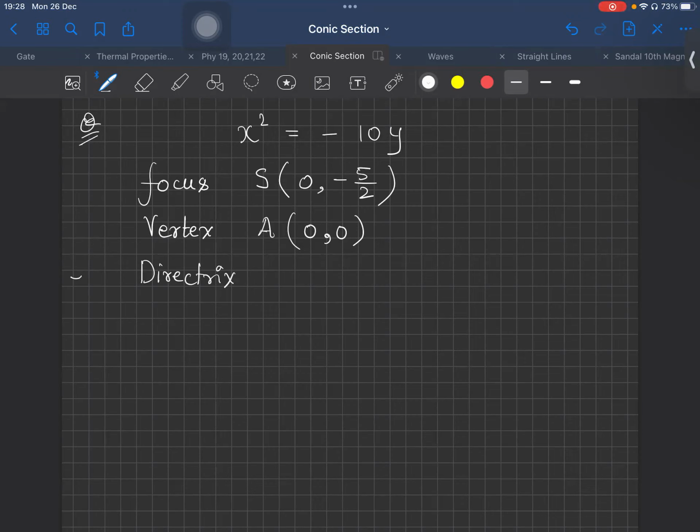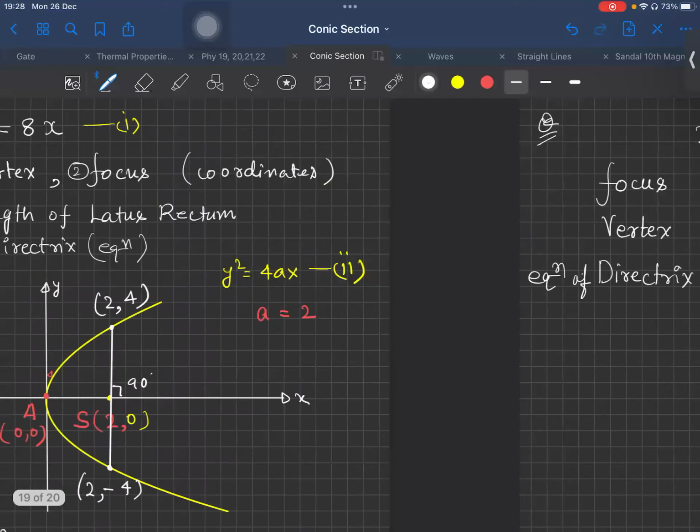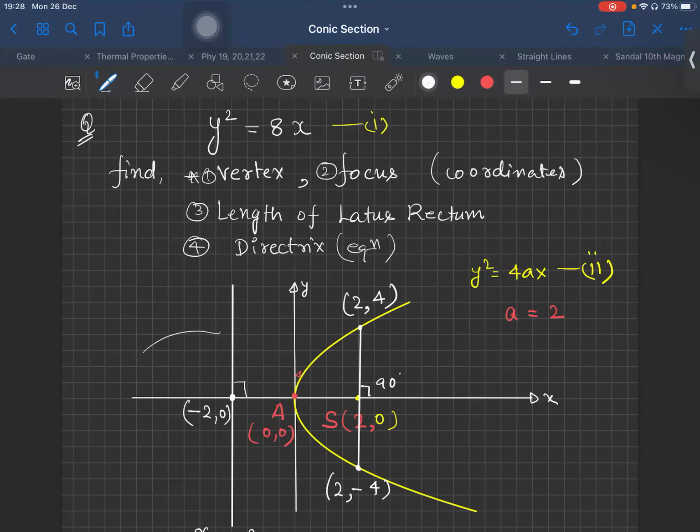Sir, it's 5 by 2. What 5 by 2? Equation of directrix. An equation cannot be without x and y. See, when we are drawing the directrix, this is the directrix, right?